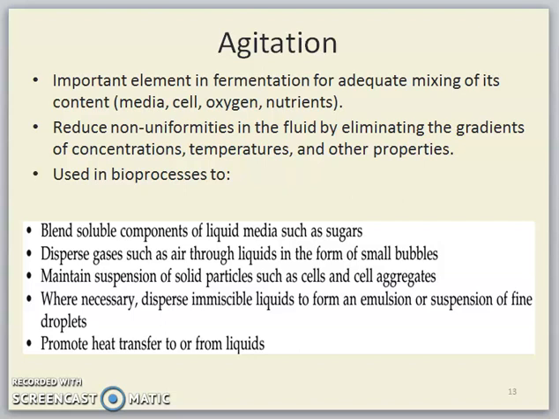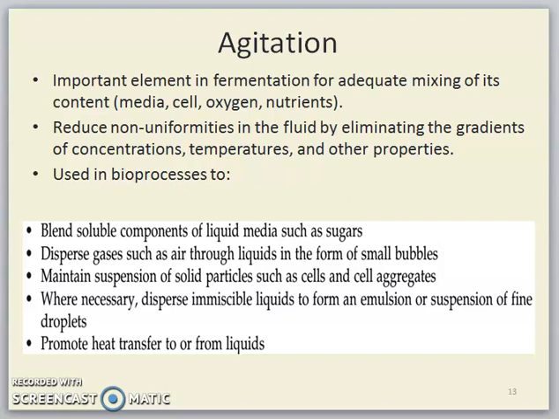By using the agitation in the bioprocess, you may be able to blend all the soluble components in the liquid media, such as sugar, the carbon sources for the microbes, and you may be able to disperse the gas in the liquid media in the form of small bubbles.